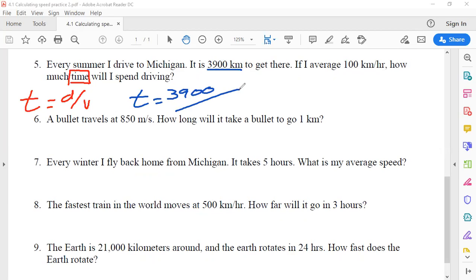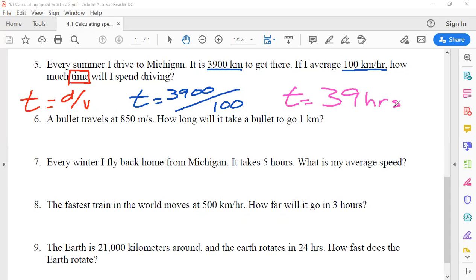Divide that by my velocity, which is 100 kilometers per hour. This gives me a time of 39. And kilometers divided by kilometers per hour gives me hours. 39 hours to drive to Michigan.